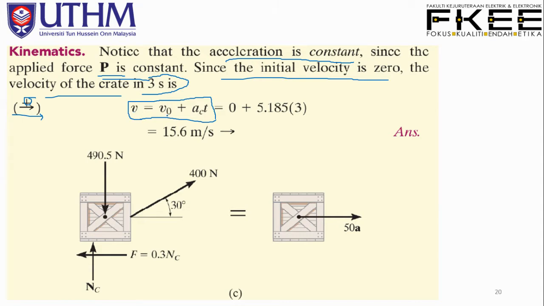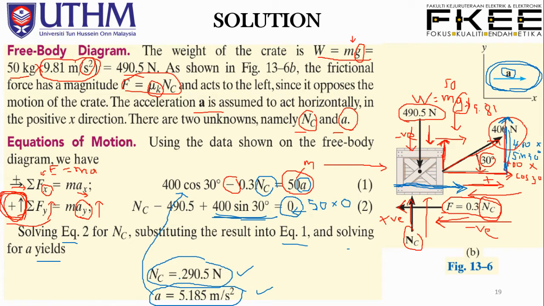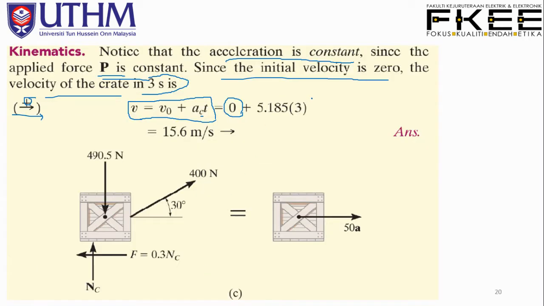V naught is the initial V, where acceleration is constant, C stands for constant, multiplied by T. V naught is 0, the initial speed, because the crate is resting, plus 5.185, this is the A. It is constant, and then multiplied by 3 seconds.